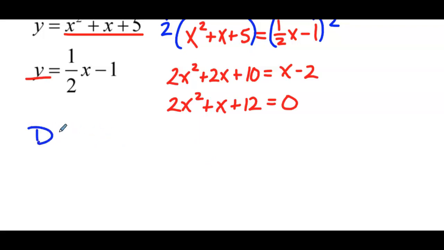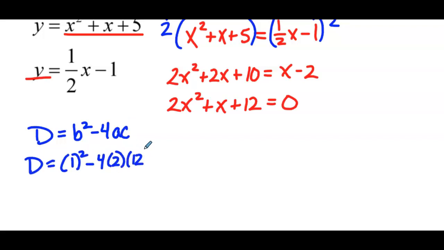So the discriminant here is going to be b squared minus 4ac. So we have 1 squared minus 4 times 2 times 12. So we have 1 minus 8 times 12 is 96, which is negative 95. And when our discriminant was negative, or not a perfect square for that matter, that told us that the quadratic was not factorable.